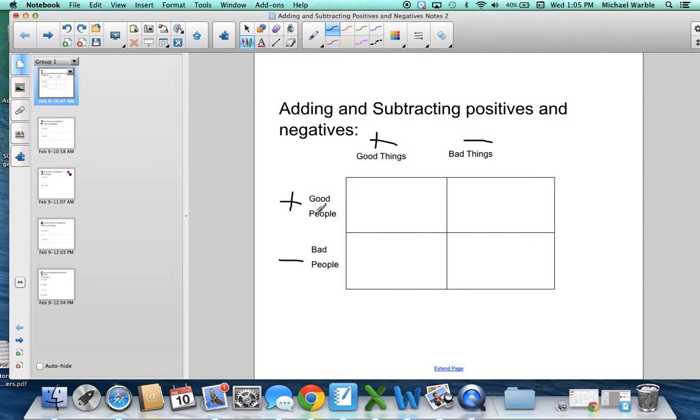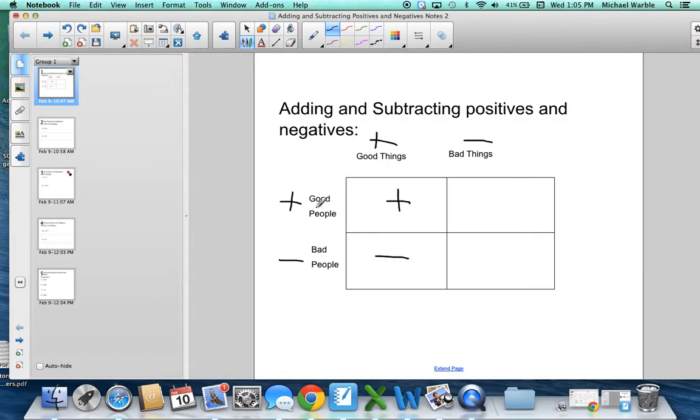So when good things happen to good people, that's a positive outcome. So whenever you see adding two positive numbers, that means that you're going to have a positive outcome. If you add a positive number with a negative number, that means you are going to subtract.